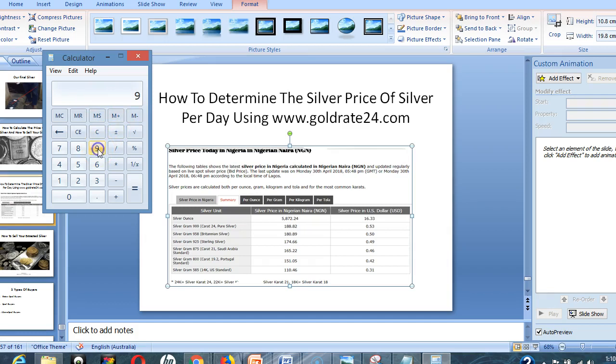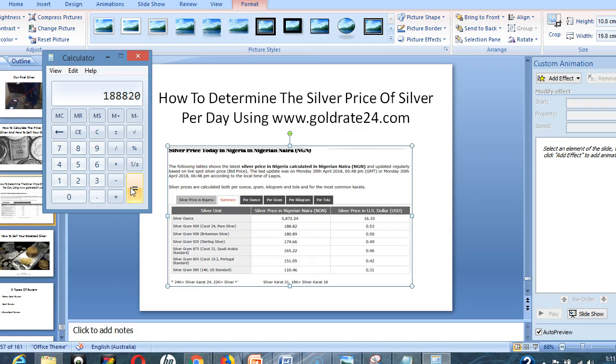Now, we had 1,000 grams of silver, which is 1 kg, and let's multiply it by the price per gram, 188.82. So we'll get 188,820. Whereas when we used ounces, we got 189,000. So you see the difference now. Ounces is a little bit higher.